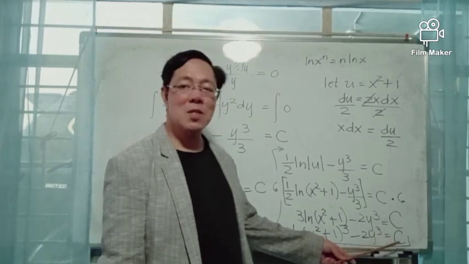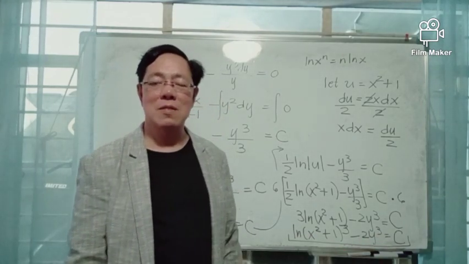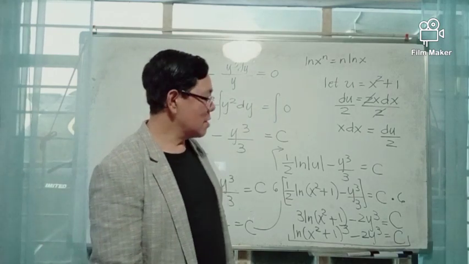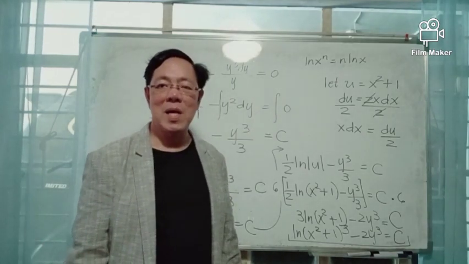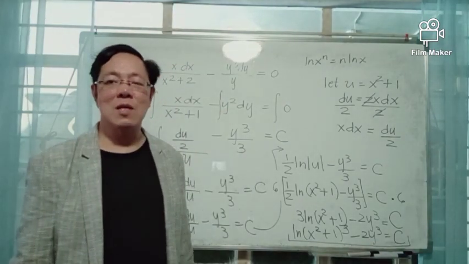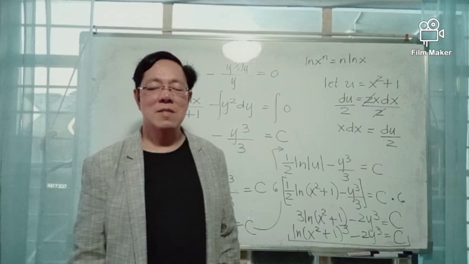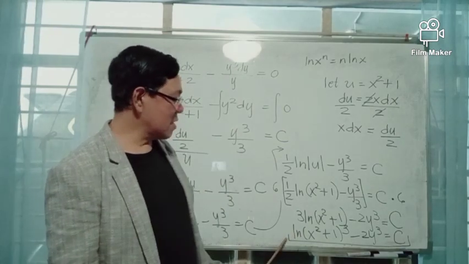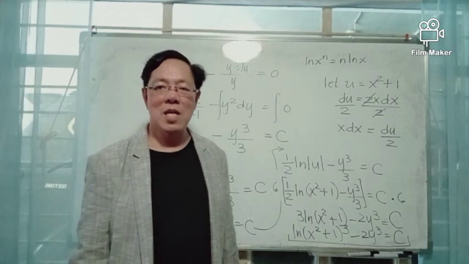For each value of the constant c, you will get a particular solution. Since we can substitute infinitely many values to the constant c, the given differential equation has infinitely many solutions, and this is what is known as the general solution.